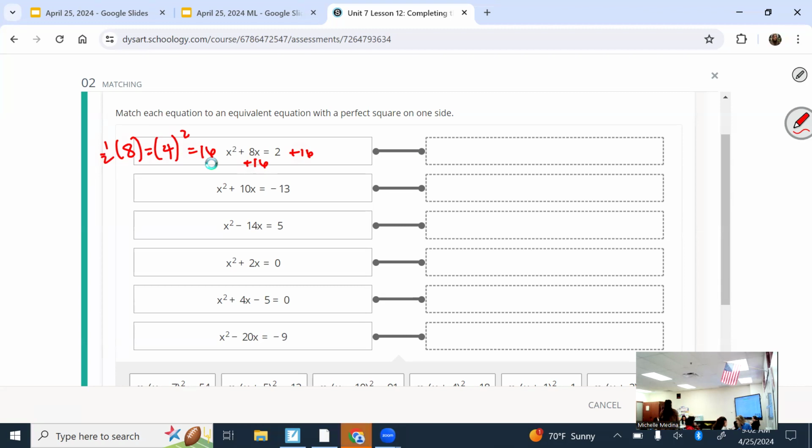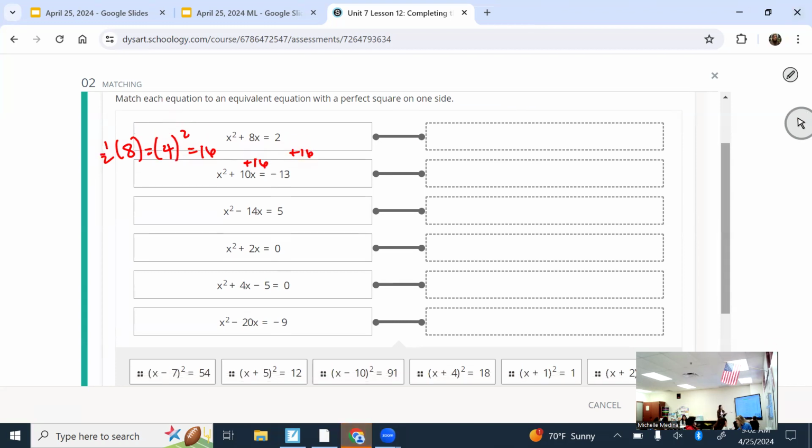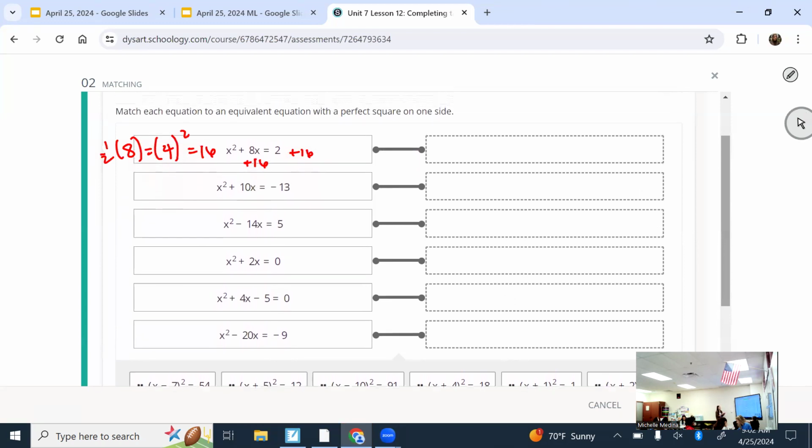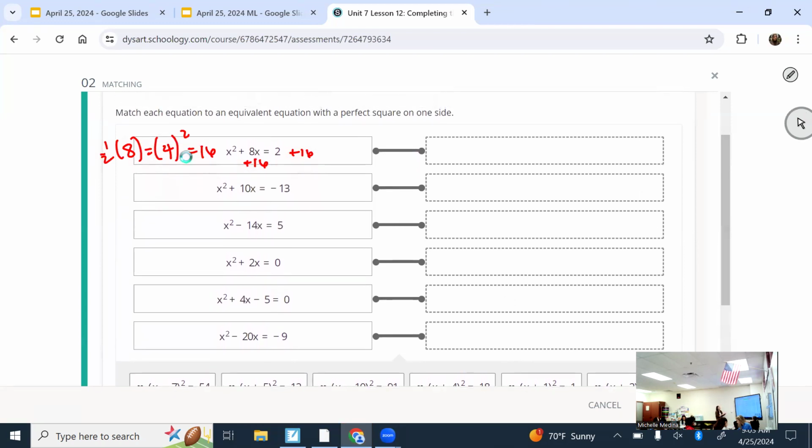And then on the left side, I'm looking for one that looks like that, but it also looks like my answer options already have the perfect square trinomial factored. So we have to do that too. What I always notice is that when you go ahead and factor it, it always ends up being the number here. But you could just factor it like normal.